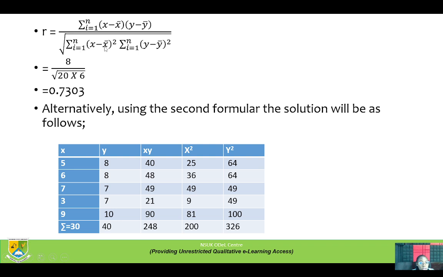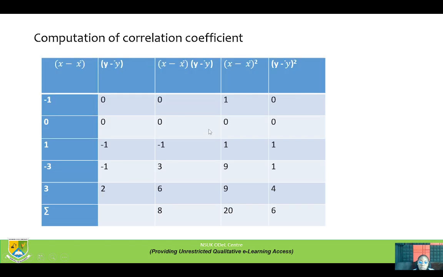Considering the denominator, it is the summation of x minus x bar all squared multiplied by the summation of y minus y bar all squared. Revisiting our table, the summation of x minus x bar all squared is 20, while the summation of y minus y bar all squared is 6.